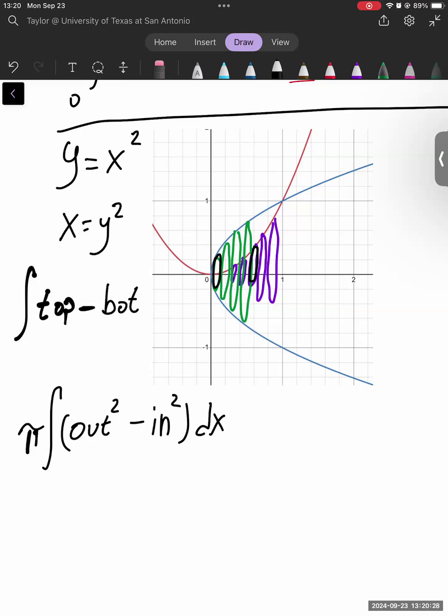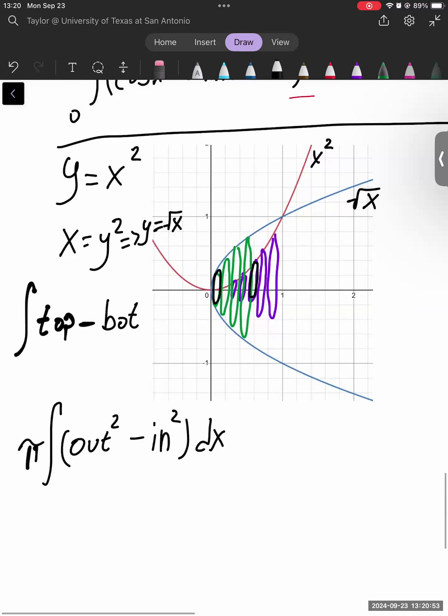Okay, and then I think we were already heading in that direction. So if I do another vertical line, we're doing this about the x, so I want all of my terms in terms of x. So y equals square root of x, right? This is square root of x. This is x squared. And so what is my outer radius?